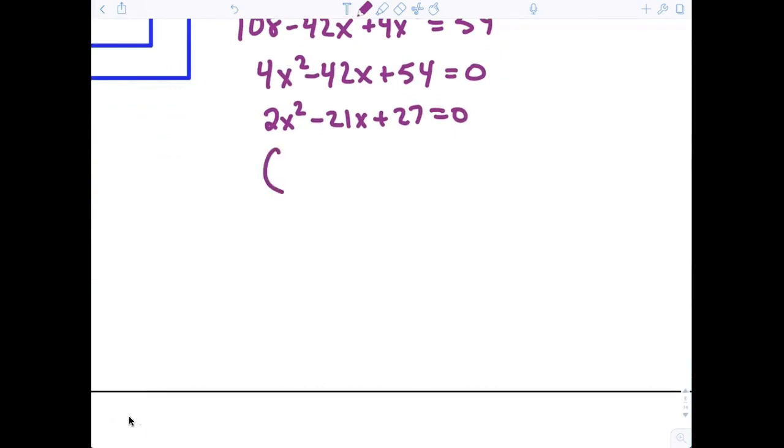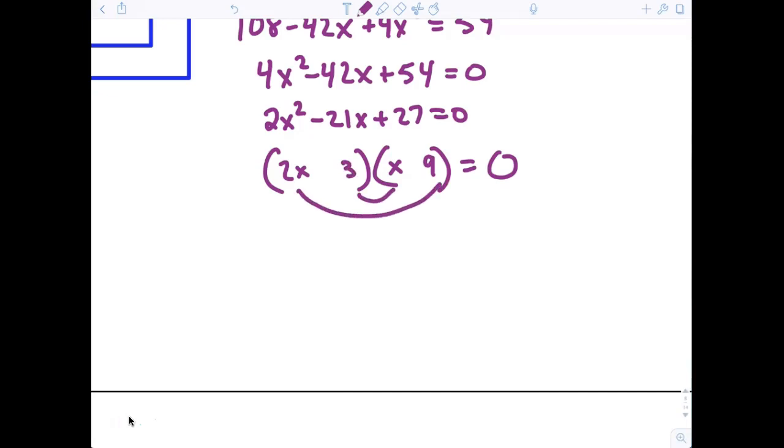Two sets of parentheses: 2x and x. Factors of 27, probably going to use 9 and 3. The 9 goes on the right and the 3 on the left, because 18 and 3 make 21 if they're both negative. So x is equal to 3 over 2, which we said was 1.5, or x equals 9.